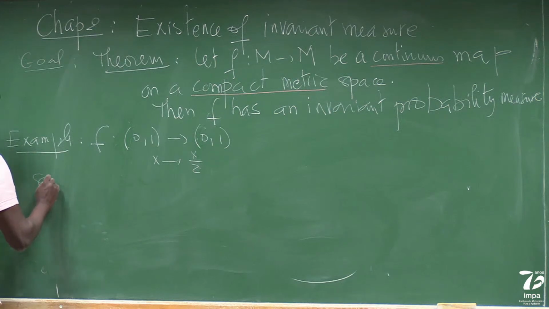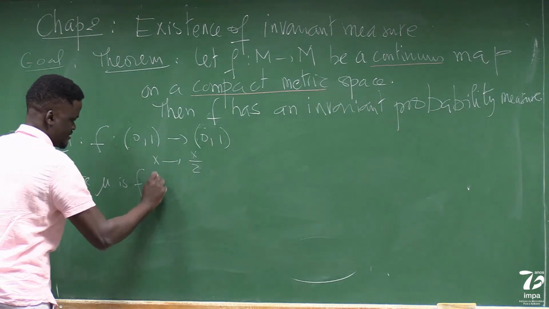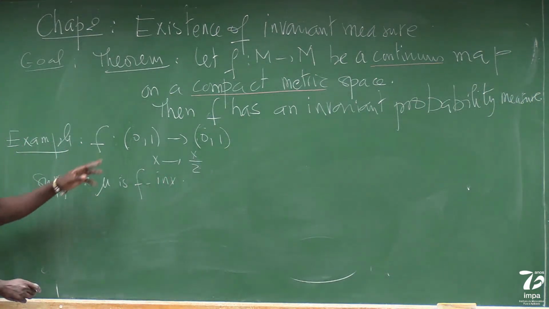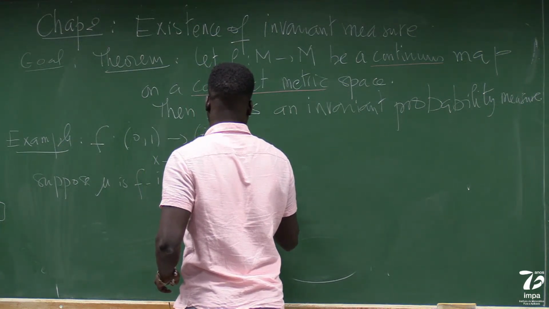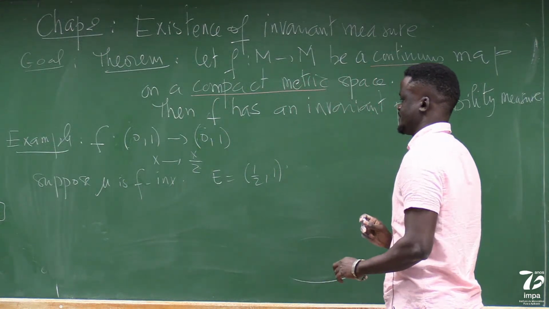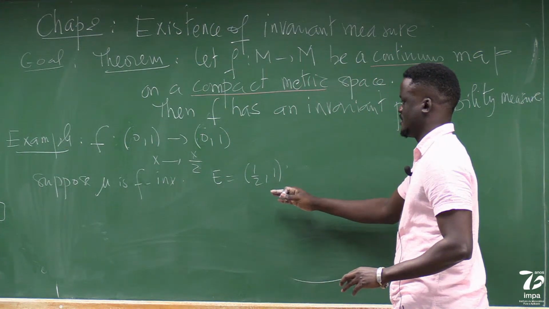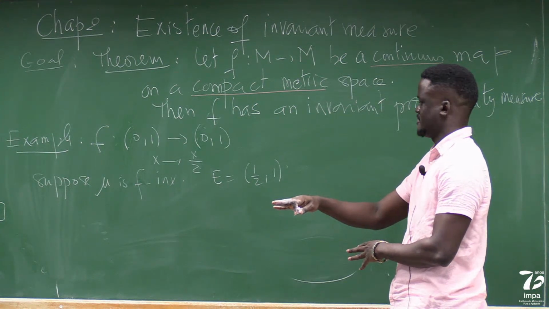So suppose by contradiction, suppose mu is f invariant. So if I take a set E, which is a half 1, so points of E, they never come back to E by f. Okay?